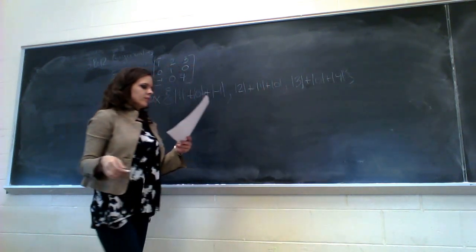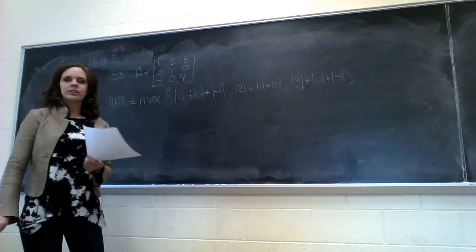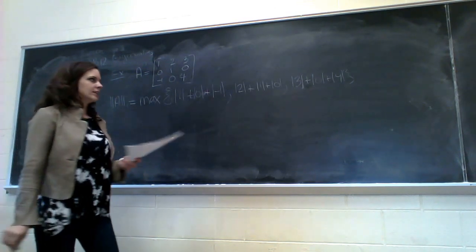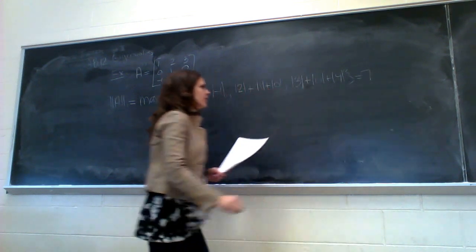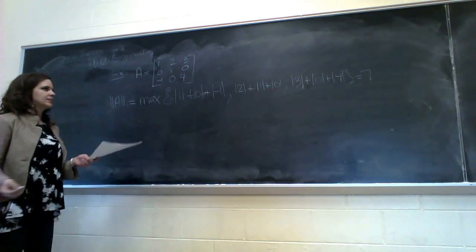So which one of these is going to have the maximum column sum? The last column here. So the one norm of A would be 7 in this case.